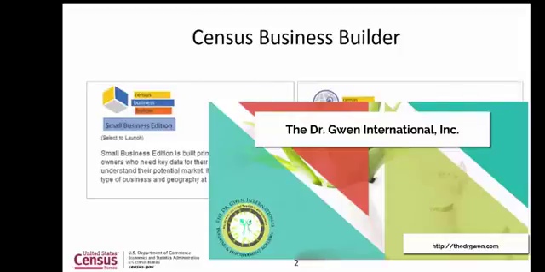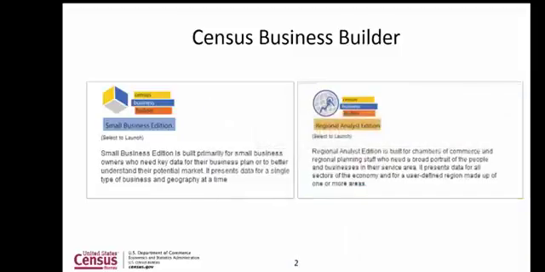The Census Business Builder is a suite of services that provide selected demographic and economic data from the Census Bureau tailored to specific types of users in a simple to access and use format. This Small Business Edition is built primarily for small business owners who need key data for their business plan or to better understand their potential market.